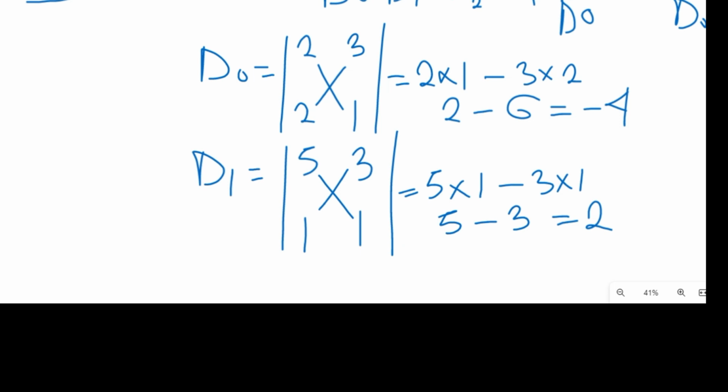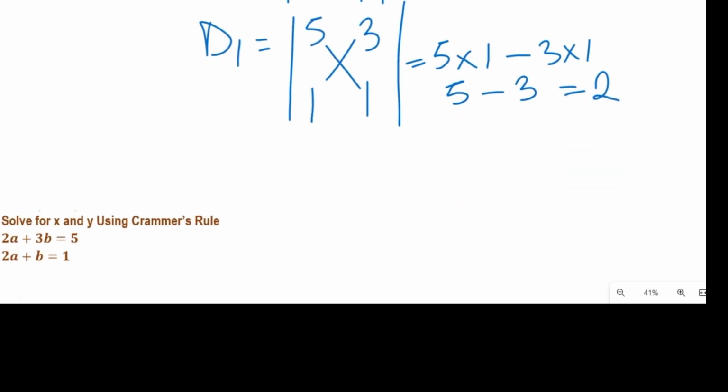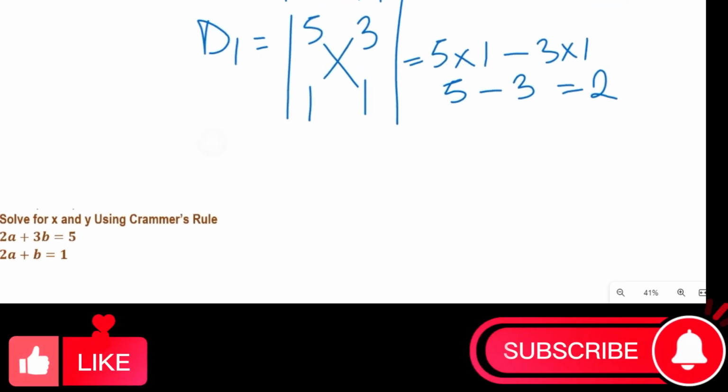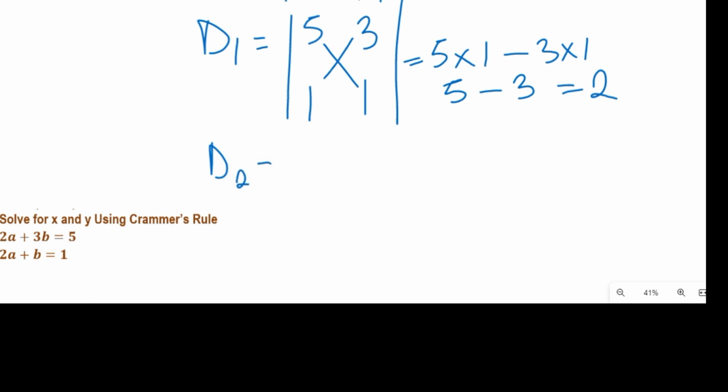Now let's go ahead to look for our D2. We're going to have D2 equal to, this time around, the determinant of 2 and 2, while the constant values will move over to the other column.